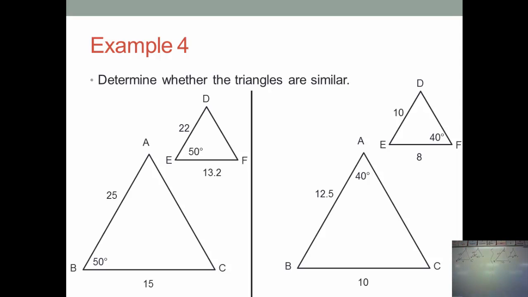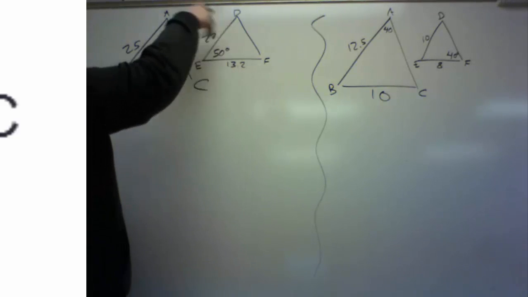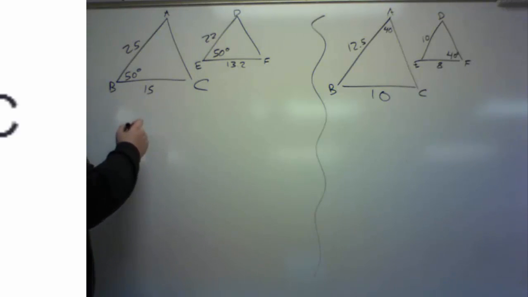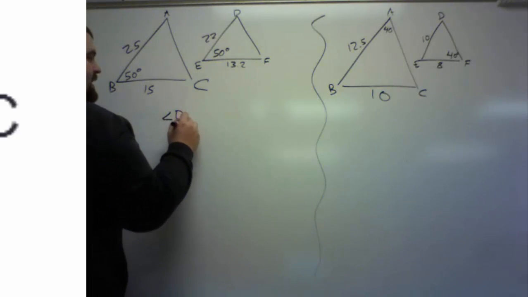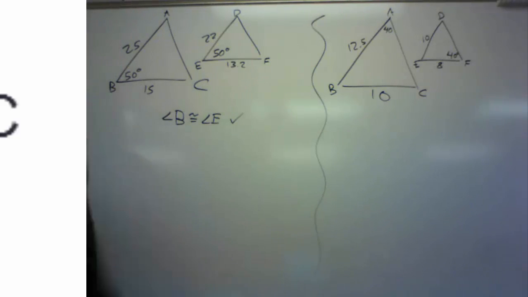Alright, in the left one here, first of all, I'm going to check the order. Side, angle, side, yep, it's 2 sides and the angle between them. Side, angle, side, yep, it's 2 sides and the angle between them. Now, is that angle congruent? Yes, it is. Condition 1, angle B congruent to angle E? Check.